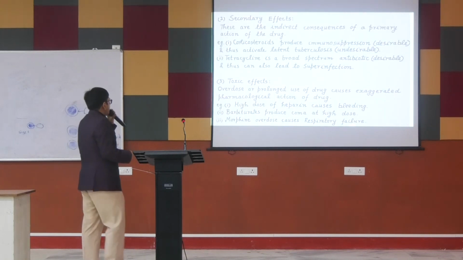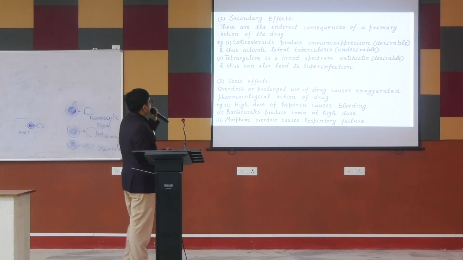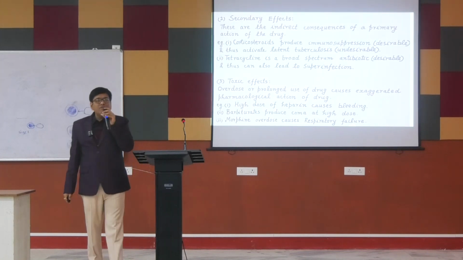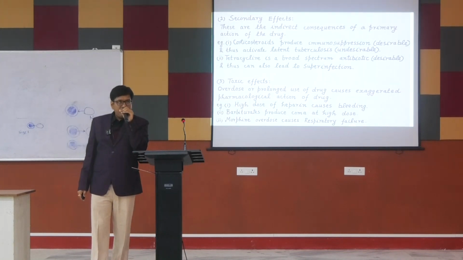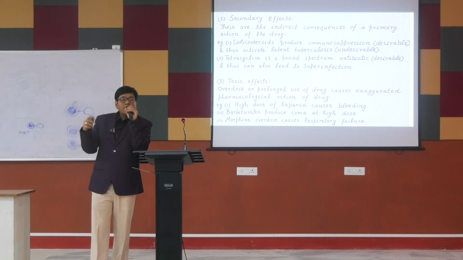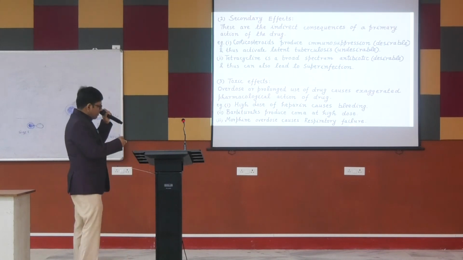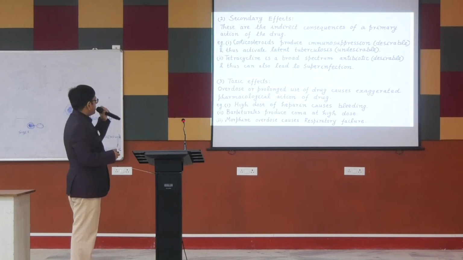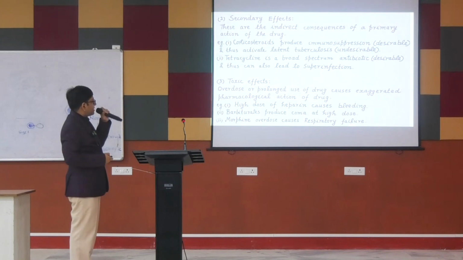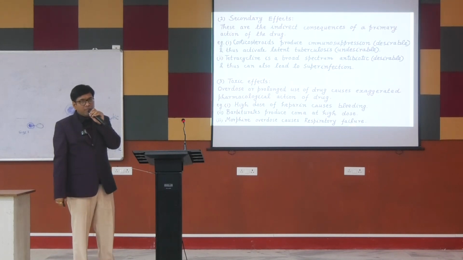But there is another thing called secondary effect. Secondary effect means the drug itself is not directly causing any side effect. But due to that drug, another disease process starts happening actively in the body. Like suppose you are giving steroid to a patient. Steroids are a group of drugs that cause immunosuppression. They reduce immunity in a patient.